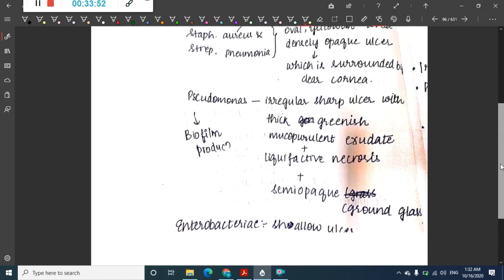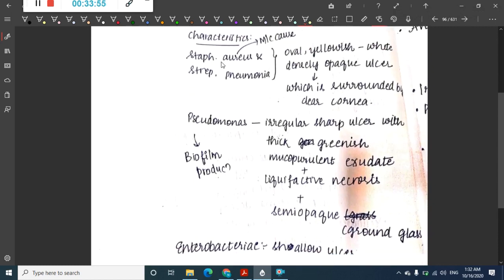Now the characteristics of corneal ulcer. If it is Staphylococcus aureus or Streptococcus pneumoniae, you see a yellowish white, densely opaque ulcer. Staphylococcus aureus is the most common cause of bacterial corneal ulcer.